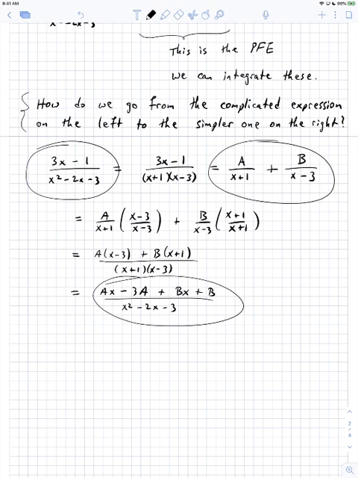Two equal rational functions having the same denominator must also have the same numerator.